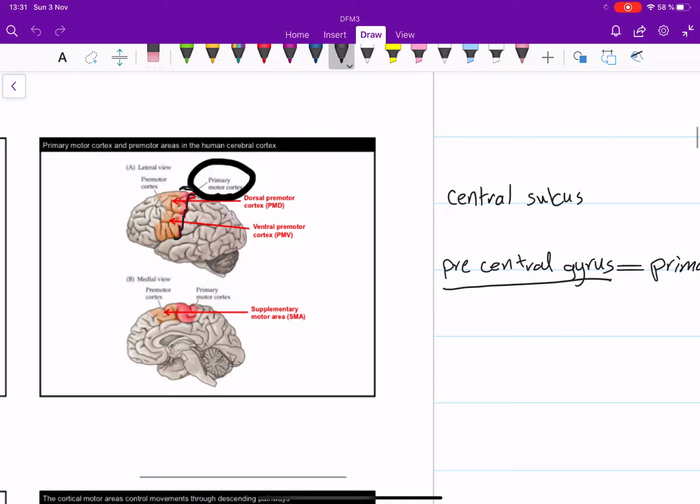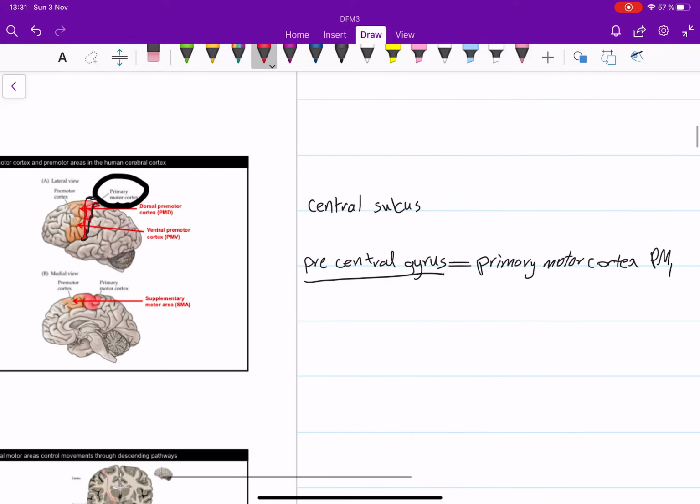So that's with the red color here is the primary motor cortex, all these gyrus. This gyrus is called the primary motor cortex.